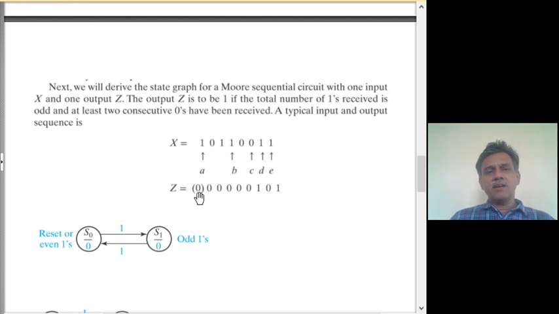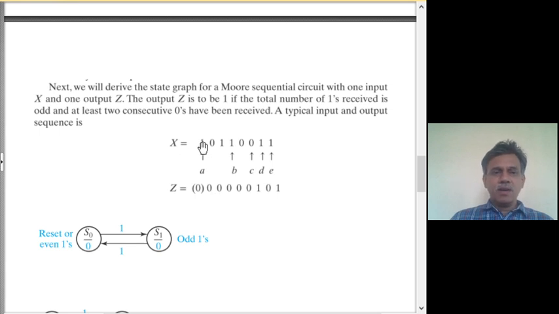We will say that the number of ones is zero. Okay, that is, the output is 0. Because when no bit has occurred, we will treat it as even and we will simply respond 0. When a 1 has occurred, the count is odd, but the condition has not occurred, so we output 0.